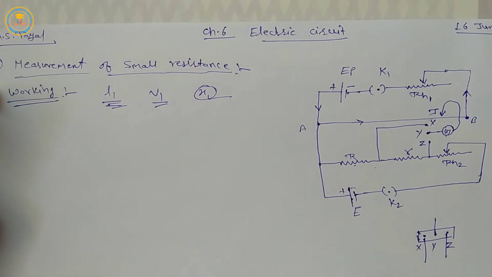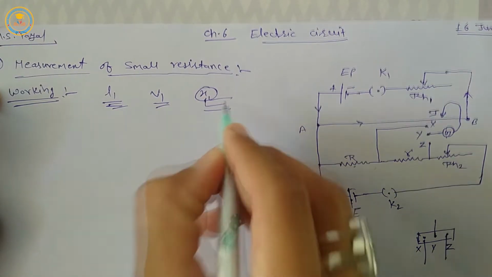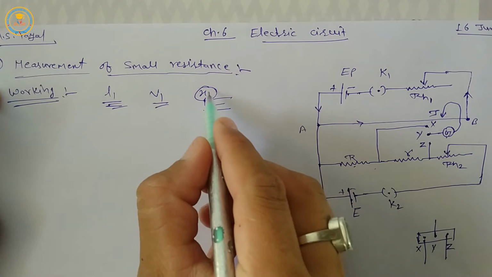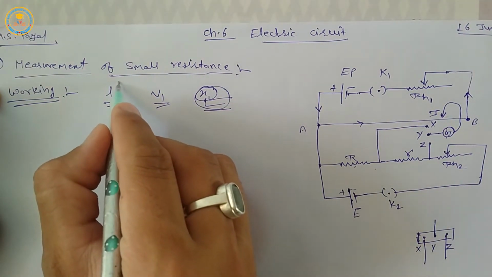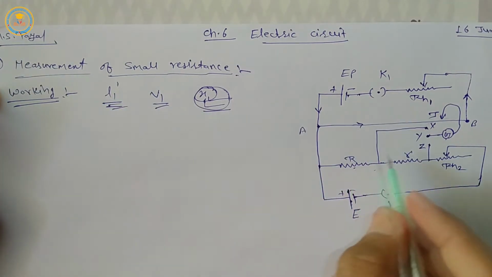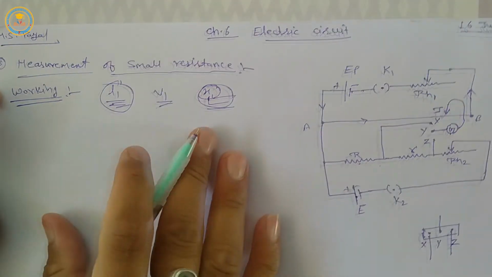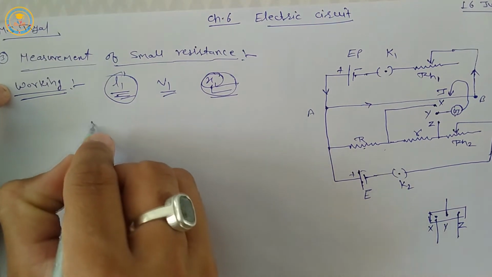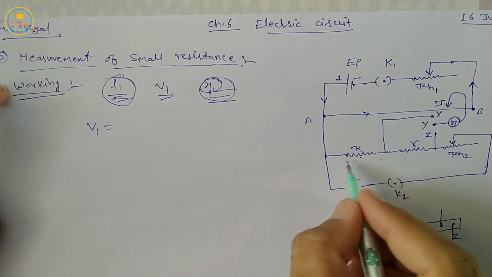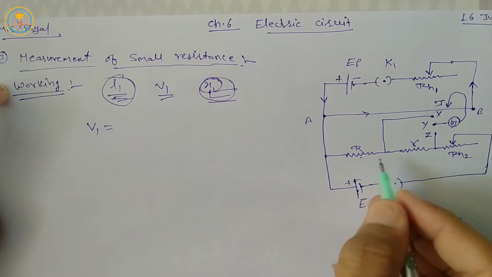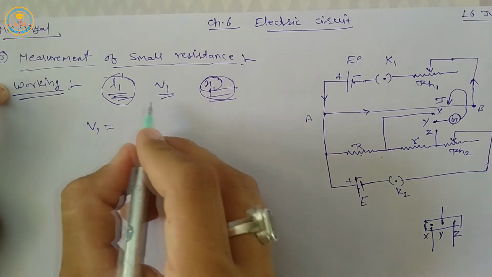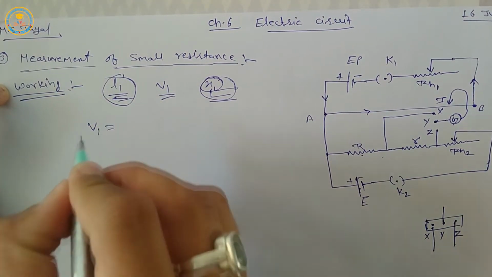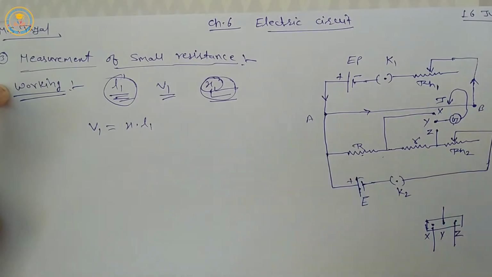Voltage drop per unit length is the potential gradient, represented by X. The balancing length of this wire is L1, and V1 is the potential difference across the ends of resistance capital R. Then according to the principle of potentiometer, V1 is equal to X into L1.